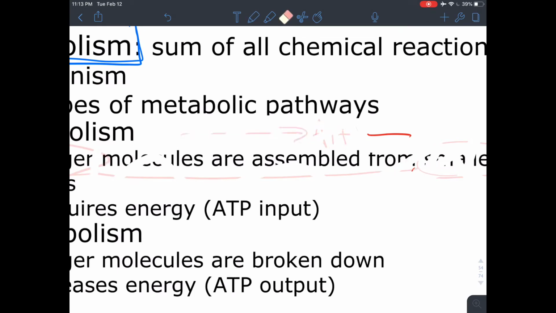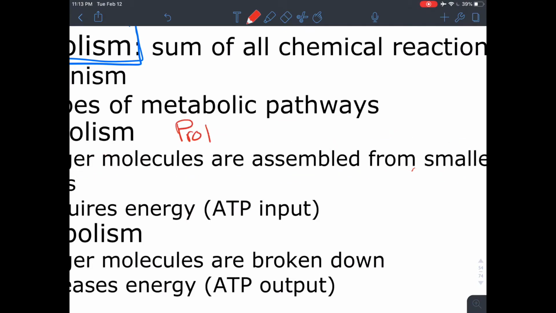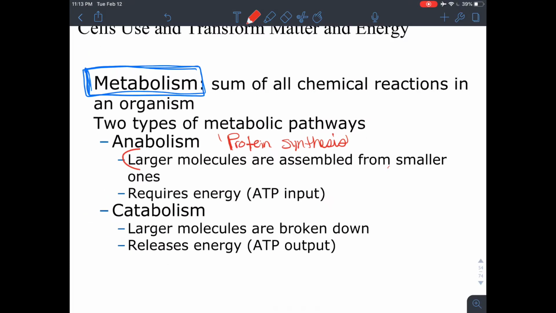So just as a reminder, protein synthesis, wherever that protein is being used, if we are putting it together, we are taking small units, we called those amino acids. We're linking them together, amino acids.